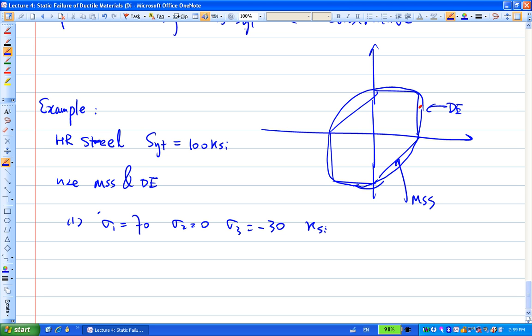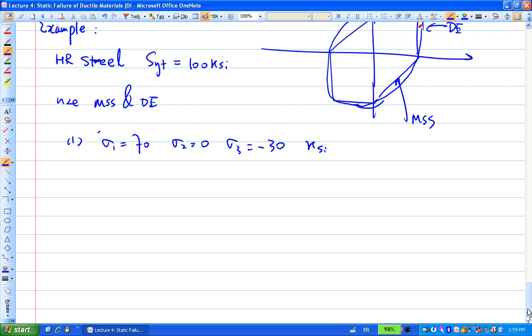So for this loading condition or state of stress, what would be the safety factor based on MSS and DE? There's nothing tricky here. It's purely just calculation, right?